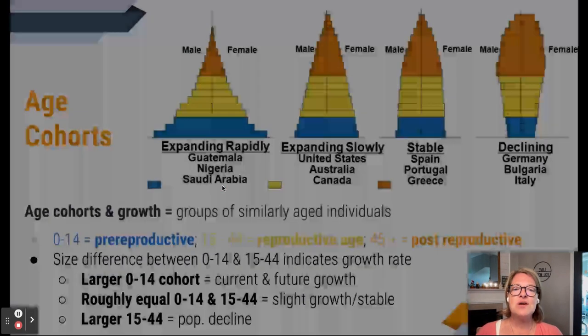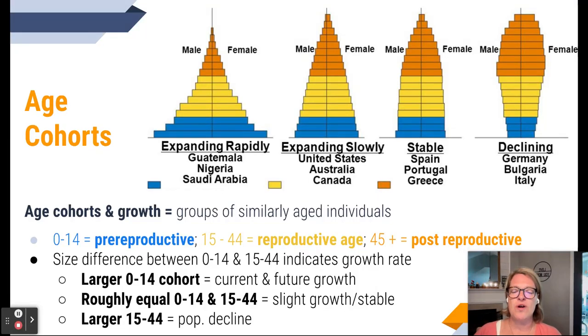Okay. So, age cohorts, and what do these tell us? Well, age cohorts, just to refresh what I've already said, are groups of similarly aged individuals. So, 0 to 14 is pre reproductive, 15 to 44 is reproductive, and 45 plus is post reproductive. Again, I know there are some cases of people having children after 45. There's also a size difference between 0 to 14 and 15 to 44, which indicates a growth rate.